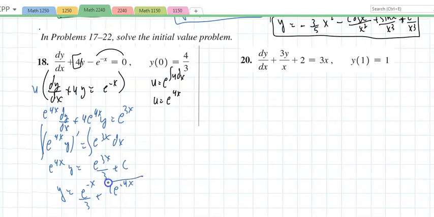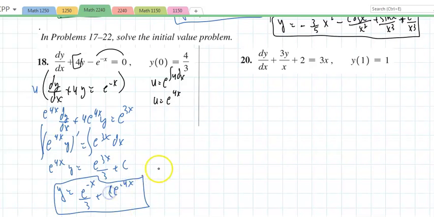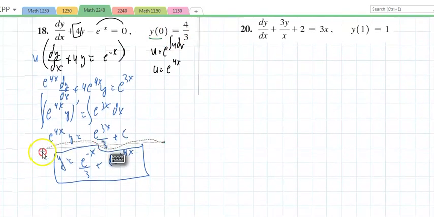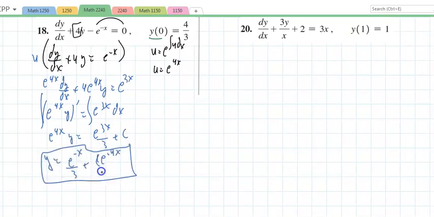Okay, we can do that again. And if I take the initial conditions, if I say, well, let's look at that. y of 0, if I put a 0, that is 1/3 plus c, that equals 4/3.